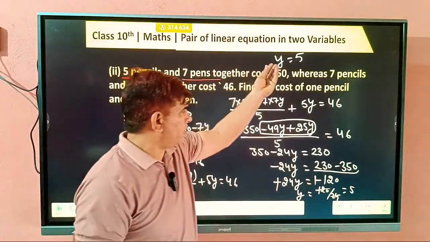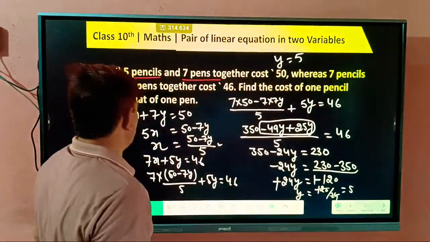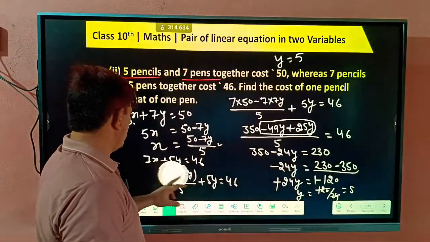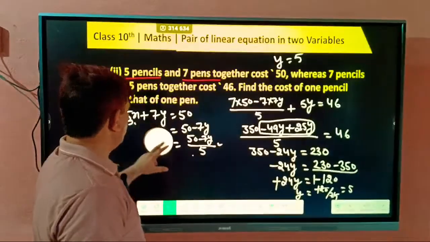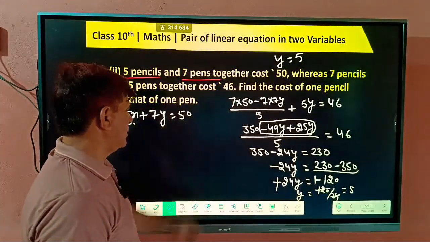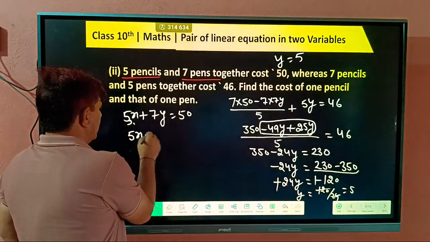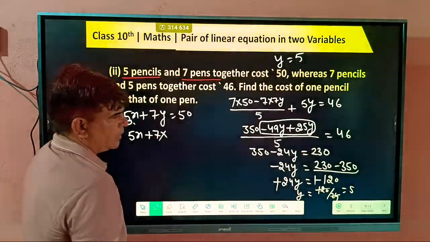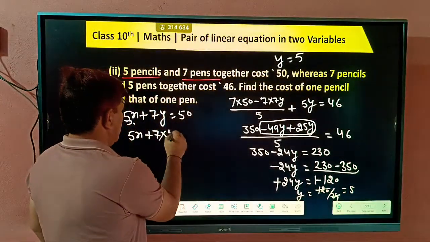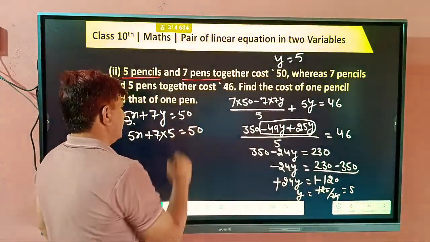Now we can put Y equal to 5 in either equation number 1 or equation number 2. Anywhere you can put it, then find the value of X. So this is 5X plus 7 times the value of Y, 5, is equal to 50.